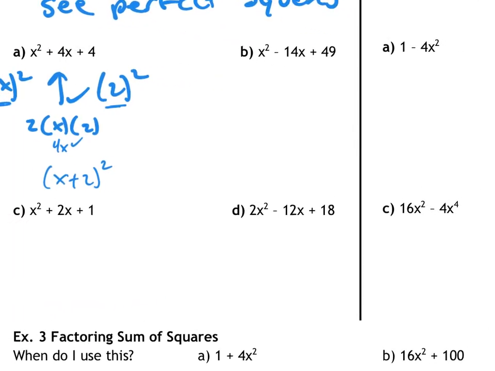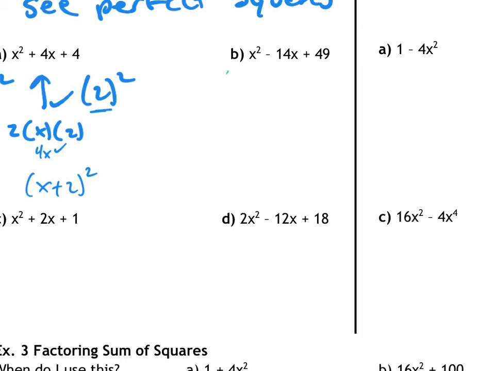So if I look at another one, because I know I went kind of quick through that, x squared is x squared. 49 is 7 squared. It'll always be a positive in the back. So 2 times x times 7, does that equal 14? Yes. The only difference here is this is a minus sign. So we're just going to subtract in the parentheses, so x minus 7 squared.